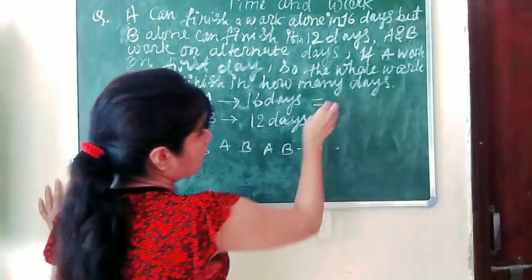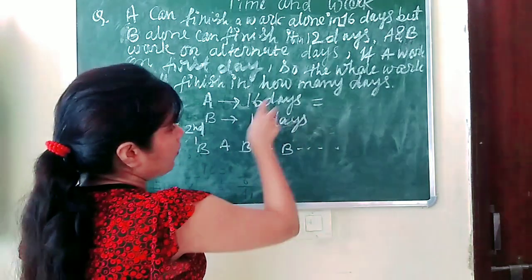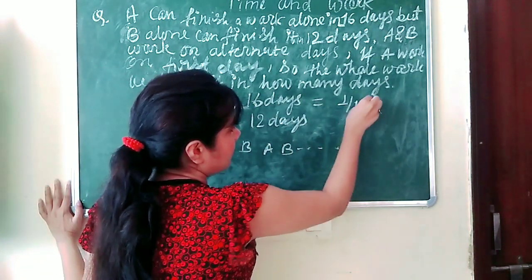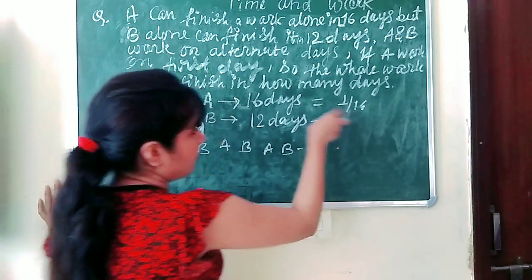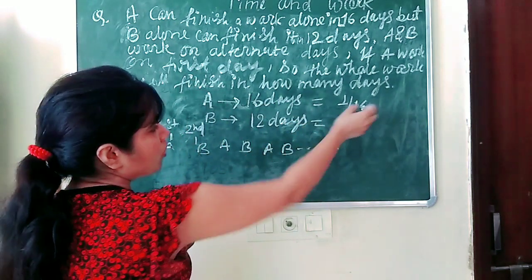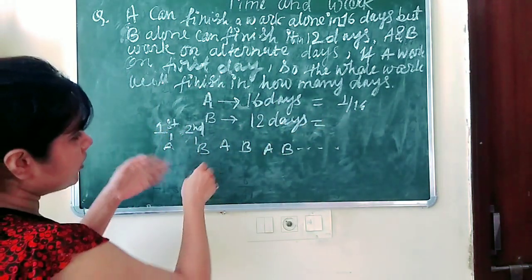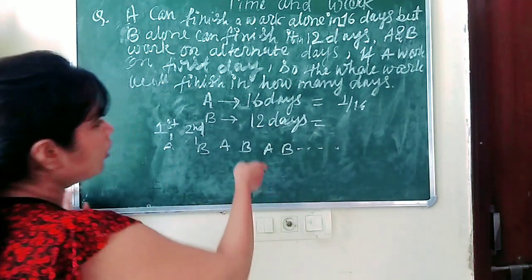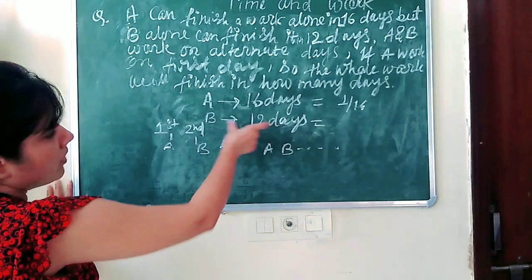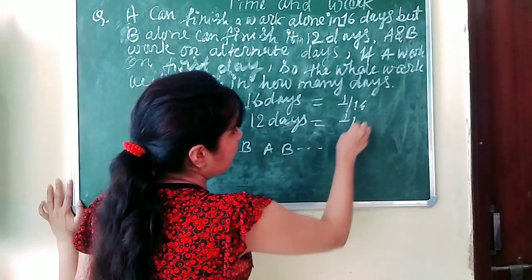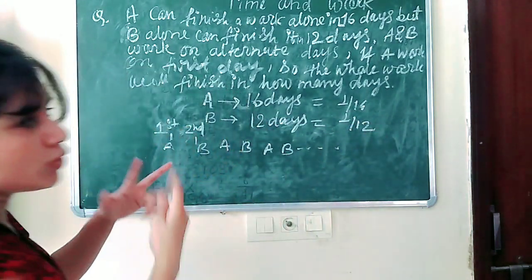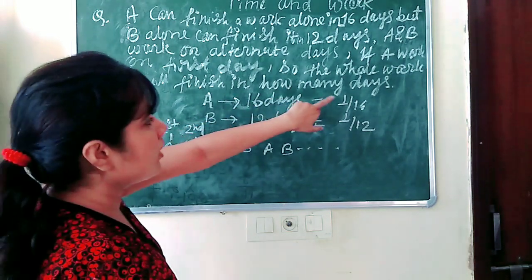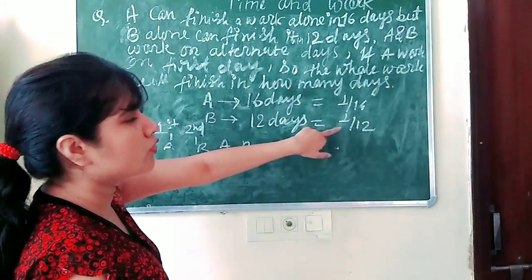So the amount of work on the first day will be 1 by 16, because it has been done by A. We simply invert it. That is the amount of work. And if A is working on the first day, then definitely on the second day B will work. So the amount of work done by B is 1 by 12. So now we have two quantities: the amount of work on the first day and the amount of work on the second day.